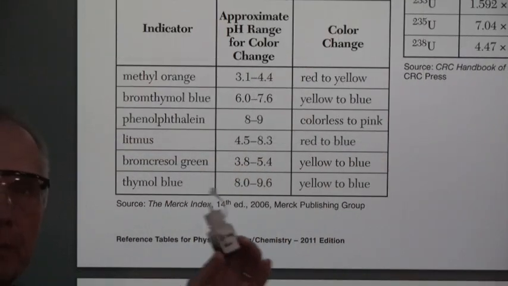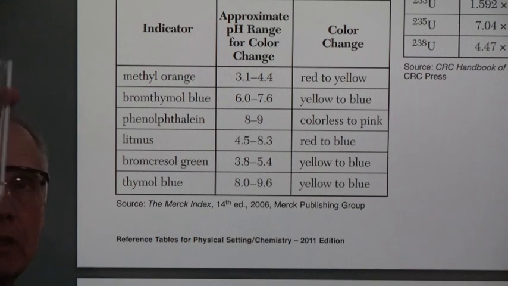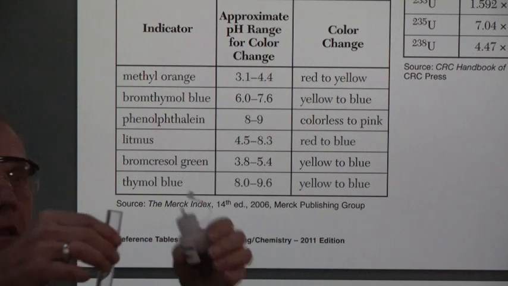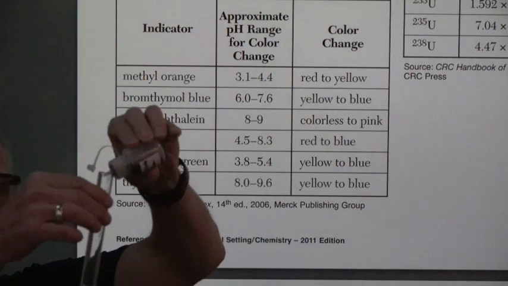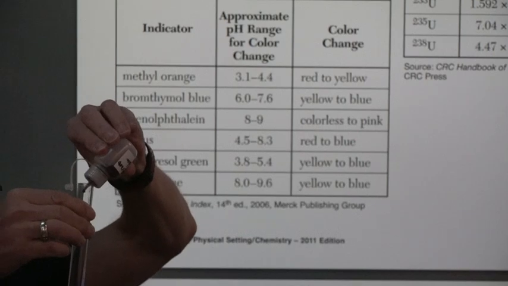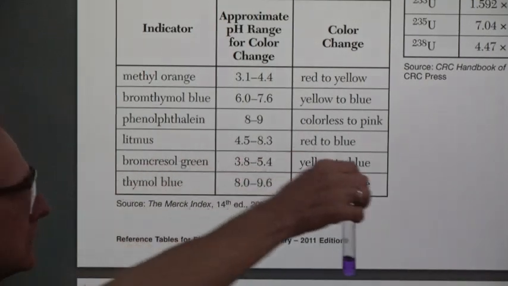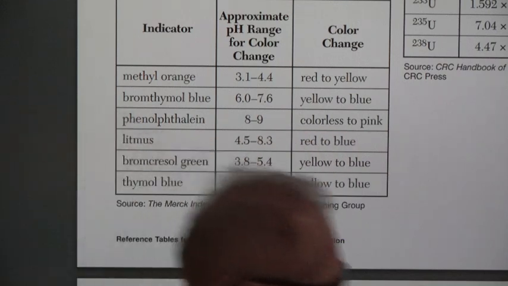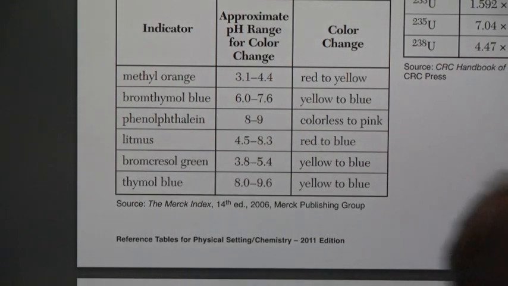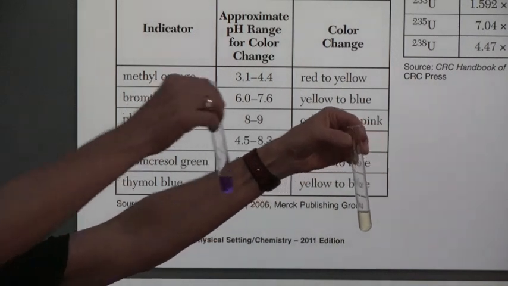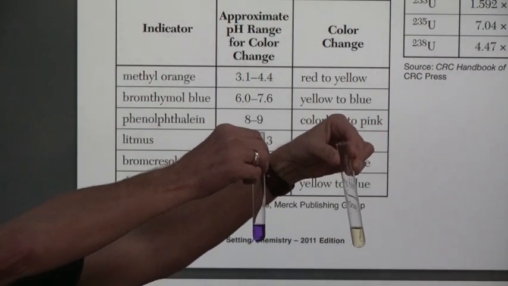Okay, so we have the bromothymol blue, we have sodium hydroxide. It should turn blue in a base. Let's see if it does. Okay, so now we know bromothymol blue turns yellow in an acid and blue in a base.